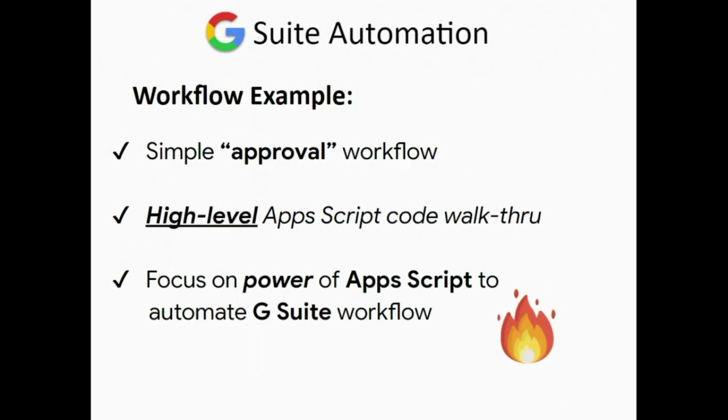I'm going to only cover the AppScript at a very high level. I'm not going to step into each line of code, nor am I going to show you all the code, because again, I do have some code samples in there for all of my fellow developers. But really, if you're just getting started with workflow automation or AppScript, I really want you to focus on the power of AppScript to automate G Suite workflow.